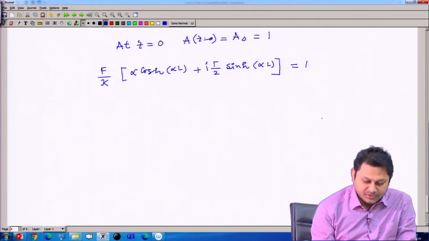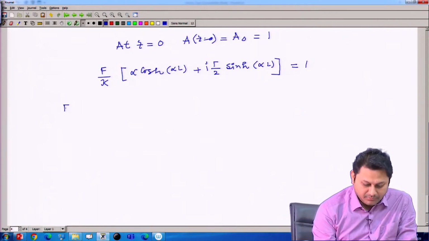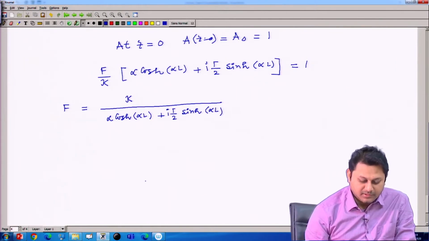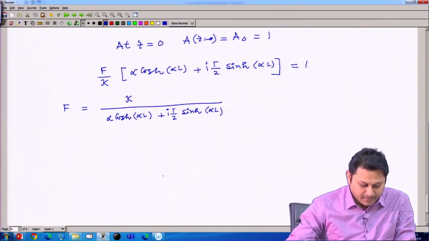So what is my f, which is the constant? f is simply kappa divided by this quantity, alpha cosh of alpha L plus i gamma by 2 sinh of alpha L. This is the value of f.